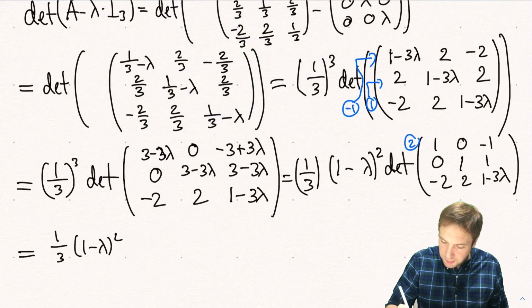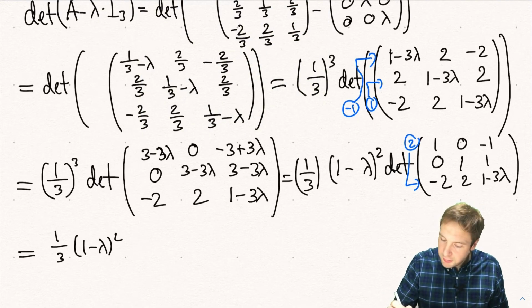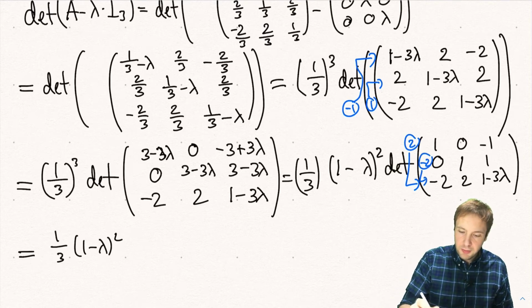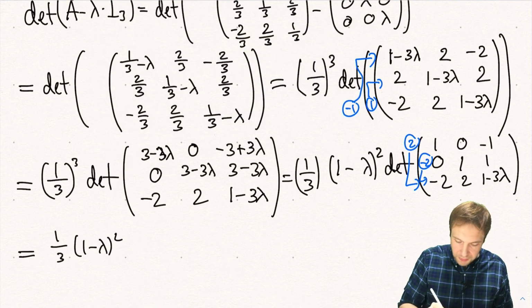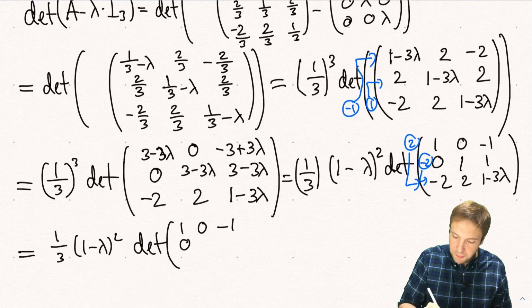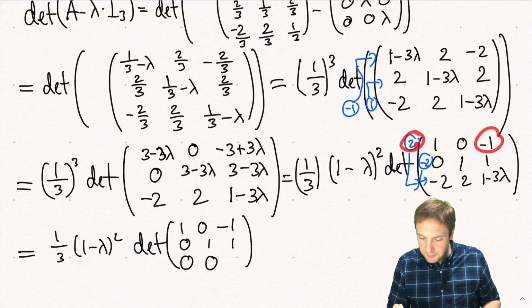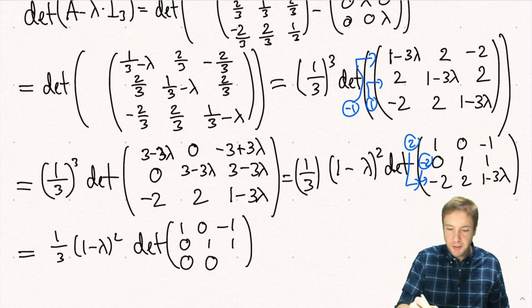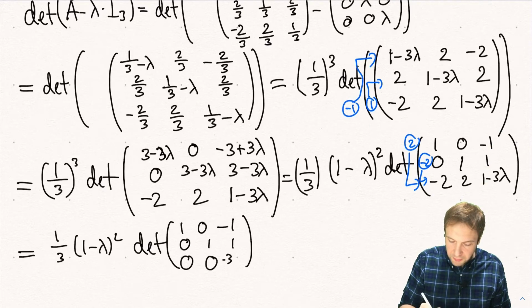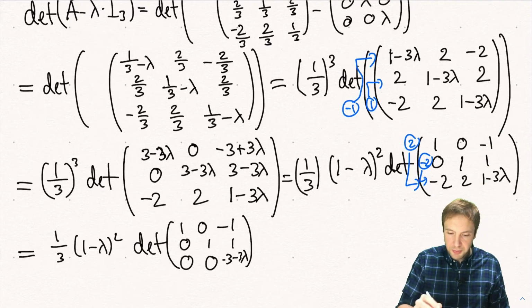So 2 times I add this there and minus 2 times this there. So I get the determinant of 1, 0, minus 1, 0, 1, 1. And here I get a 0, 0. Here I get minus 2 here, so it's a minus 1. And here I get a minus 2, so it's a minus 3. So it's minus 3 minus 3 times lambda.